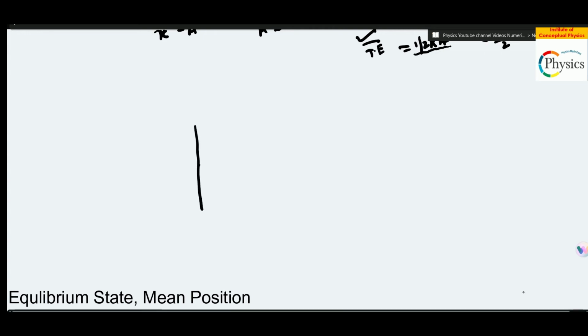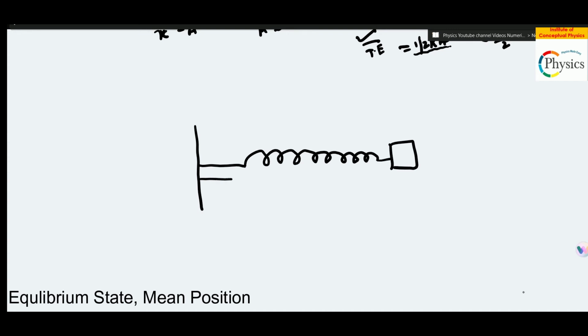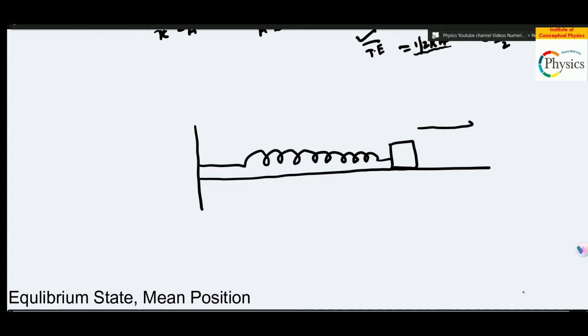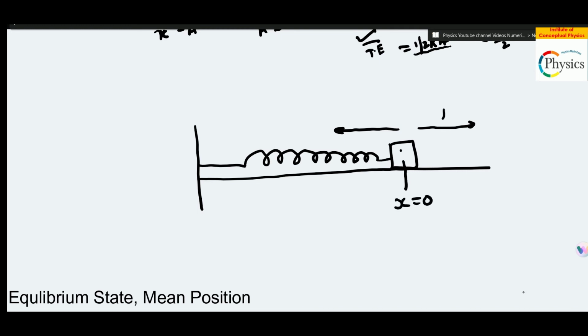So this is your spring, and the spring is here, and then of course you have a block, frictionless again. When the spring went this side, it got elongated, then it got compressed, it went this side, and it is back here. At this point, the elongation is 0. Here the elongation was A, here the compression was A, here it is 0.